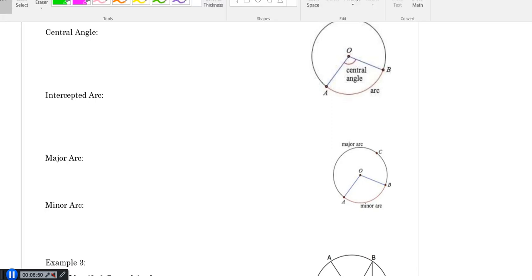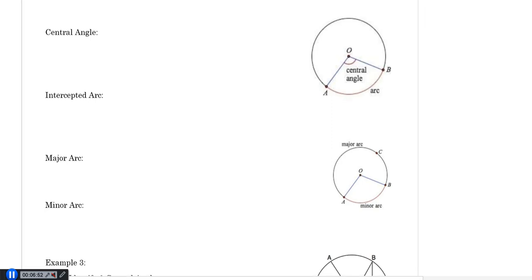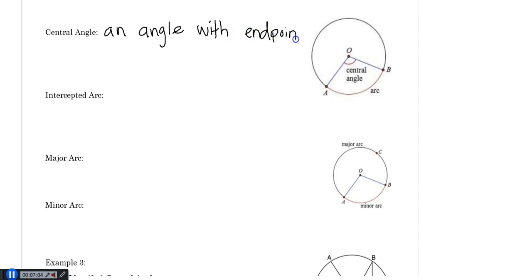So this is an angle with endpoints on the circle and vertex at the center.